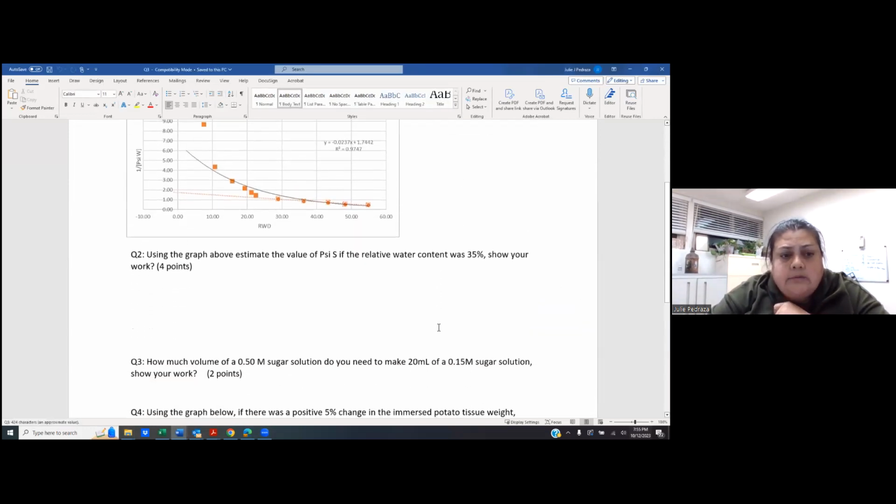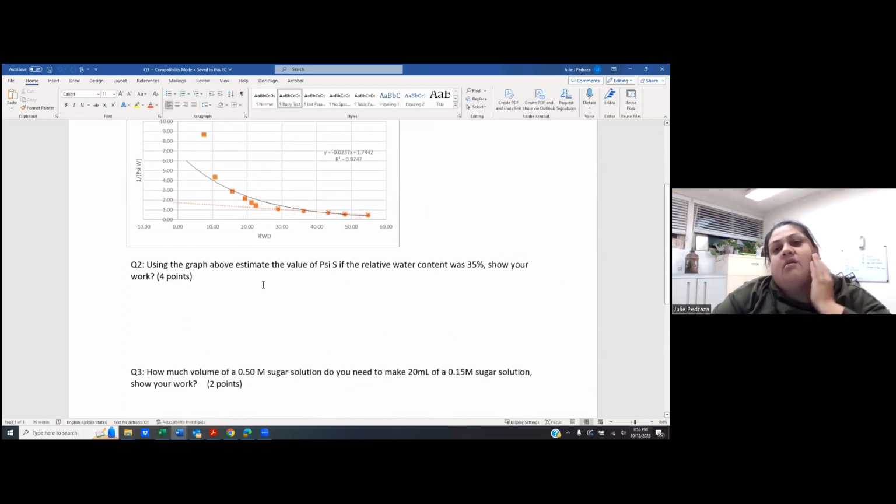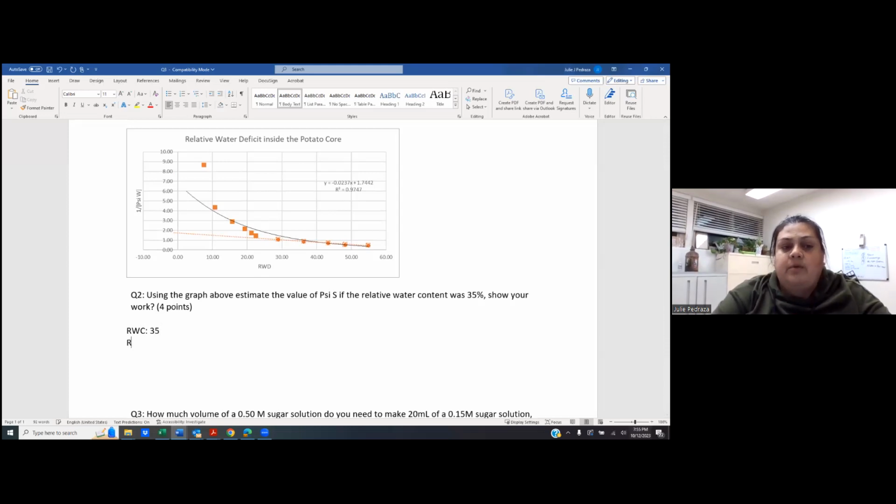It says, using the graph above, estimate the value of psi s if the relative water content was 35, and then show your work. So the first thing we need to know: relative water content is 35, and we need to find relative water deficit.